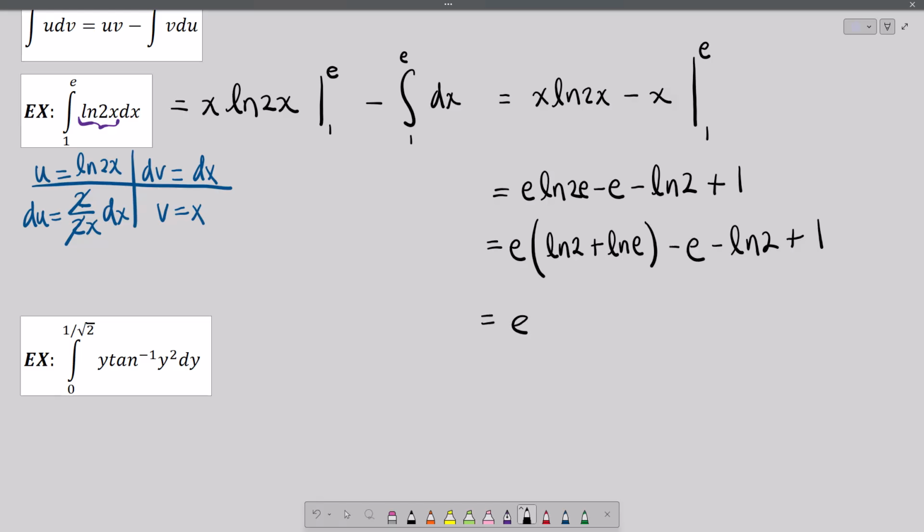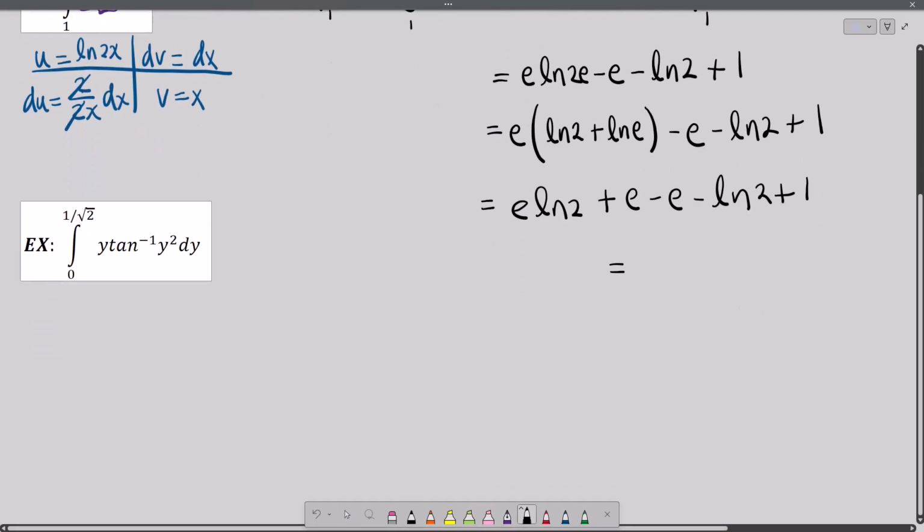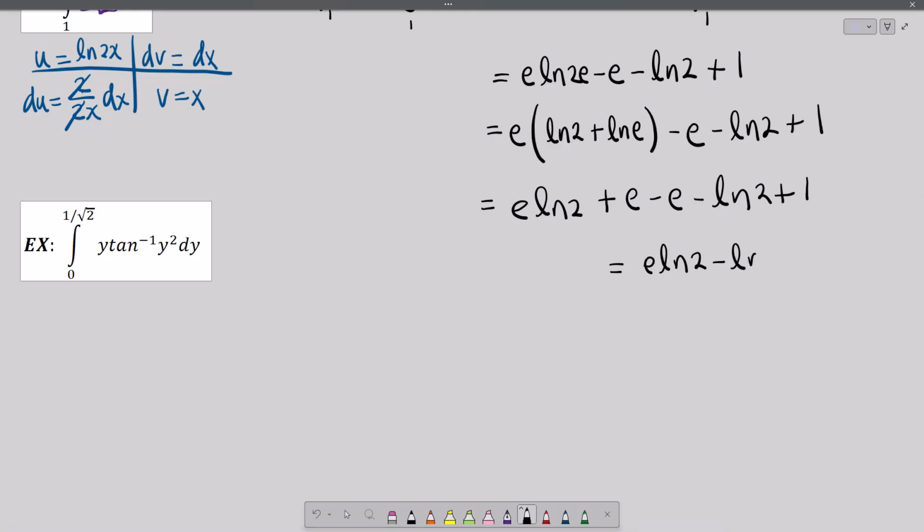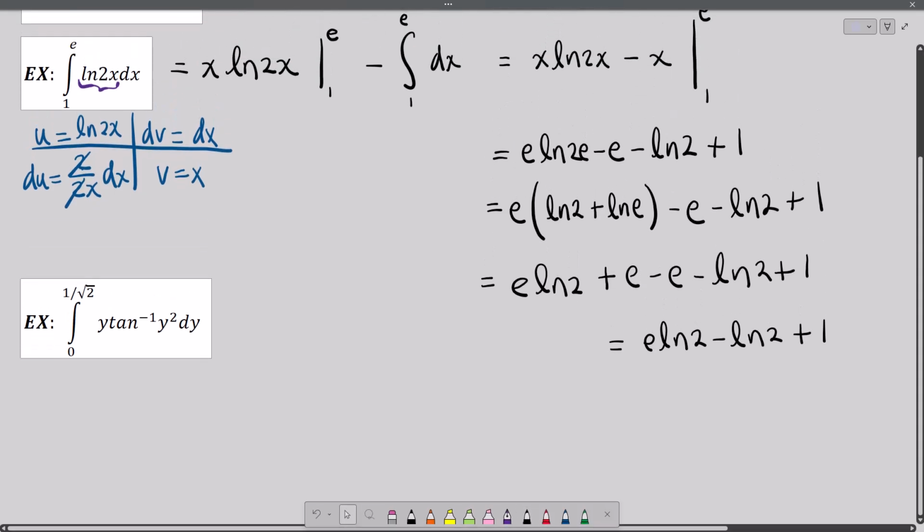So then you could distribute this e. So e minus e. So you would have your e's canceling, and you would end up with e ln 2 minus ln 2 plus 1. If you want. This is totally fine right there.